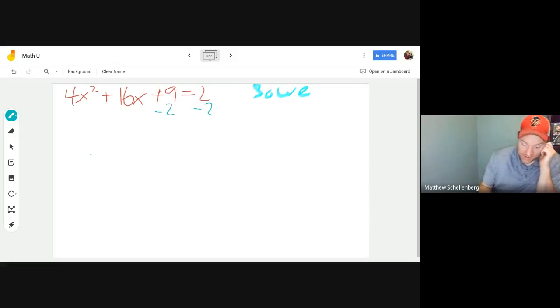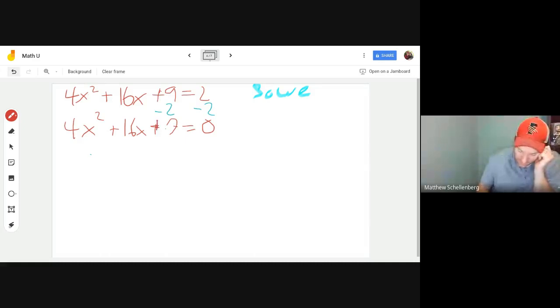And so what we get then is we have 4x squared plus 16x plus 7 equals 0. Trying to make my plus look a little more like a plus.